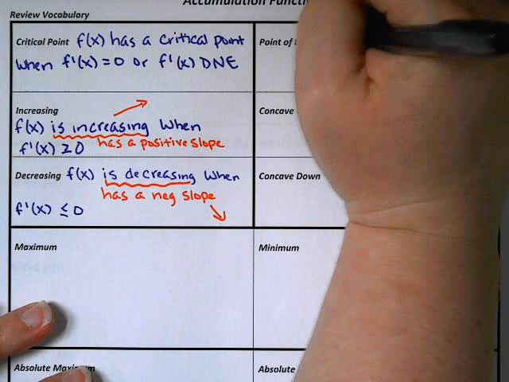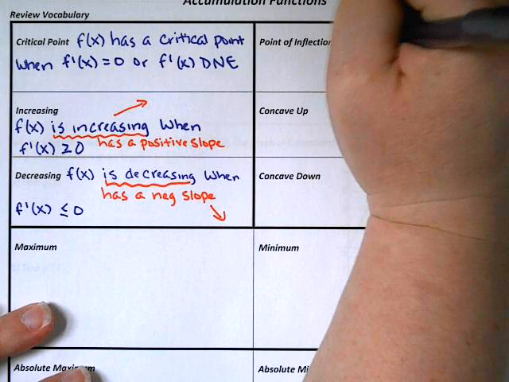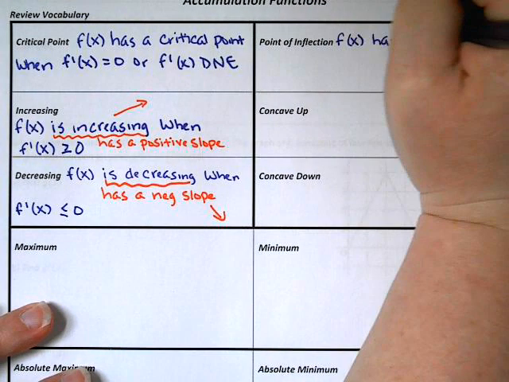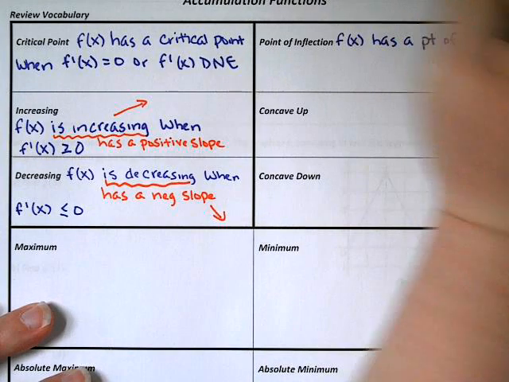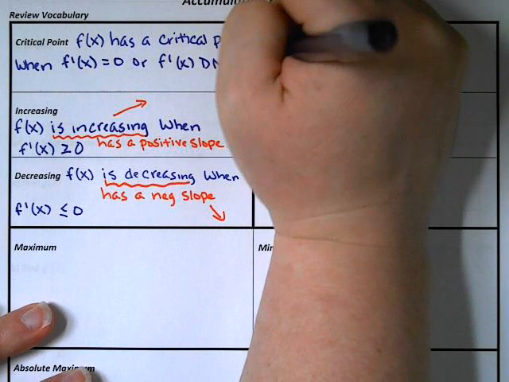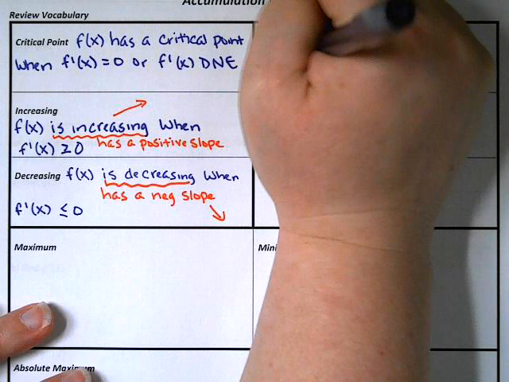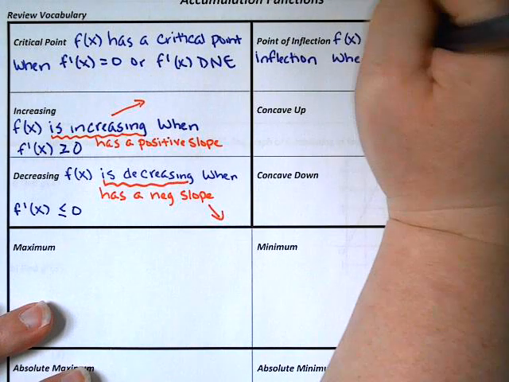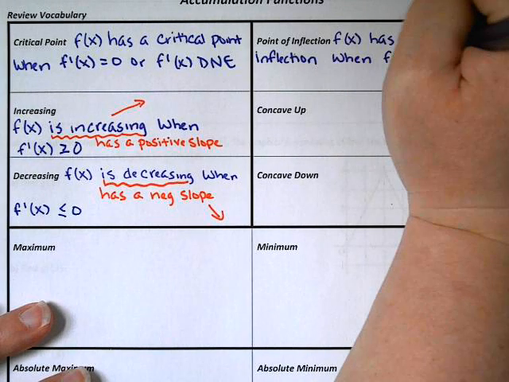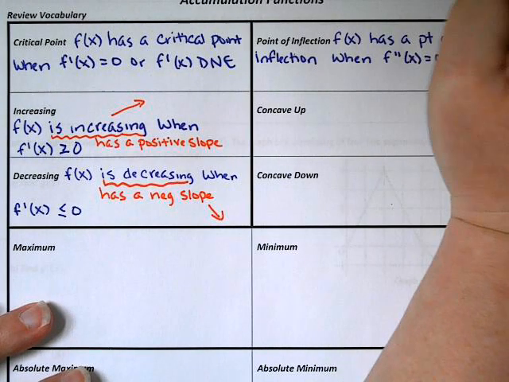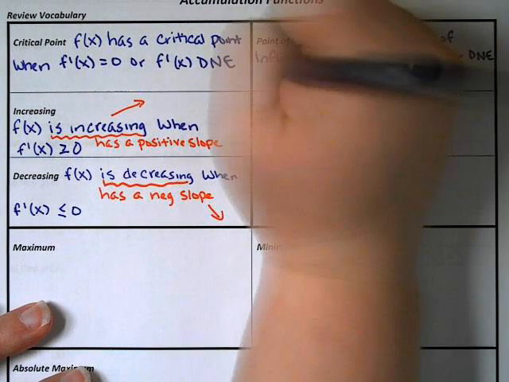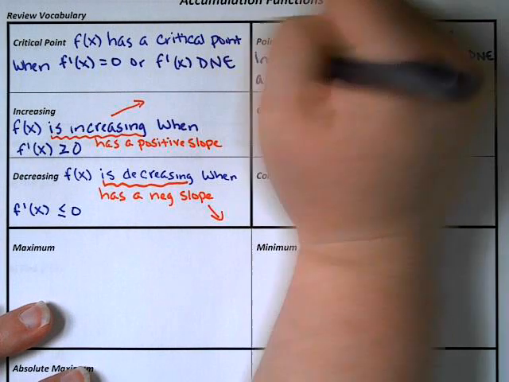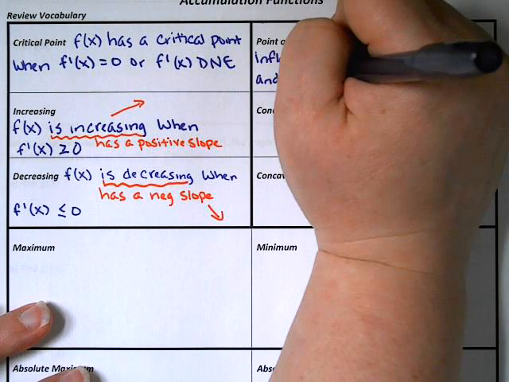So f of x has a point of inflection when the second derivative equals 0 or is undefined, so it does not exist, and the second derivative changes sign.